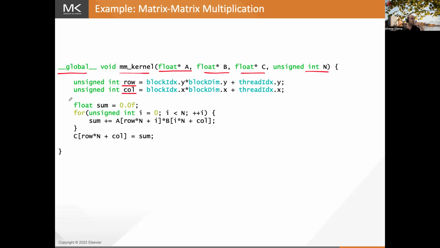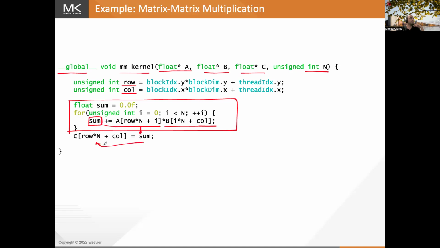And here we perform the actual dot product, right? You just need to loop through the row of A that you want and the column of B, using this linear indexing. And finally, after you compute the dot product, you can write it to the output matrix.